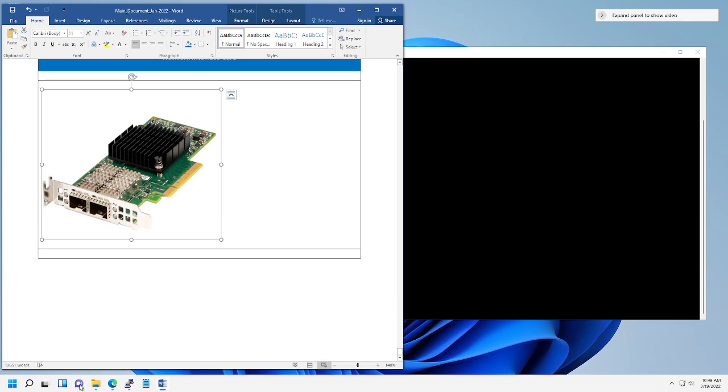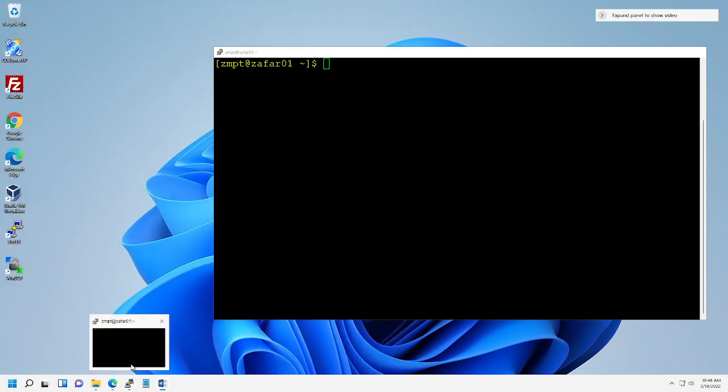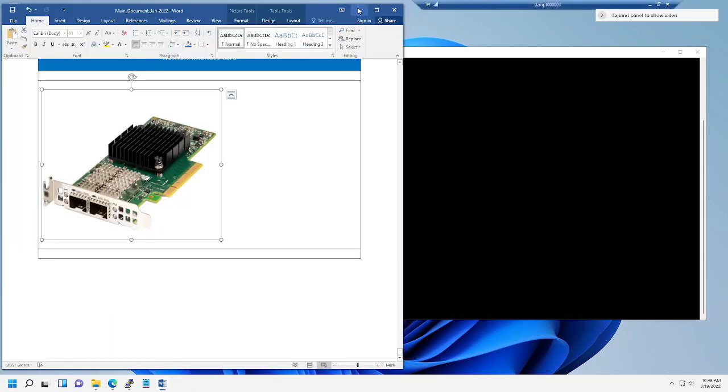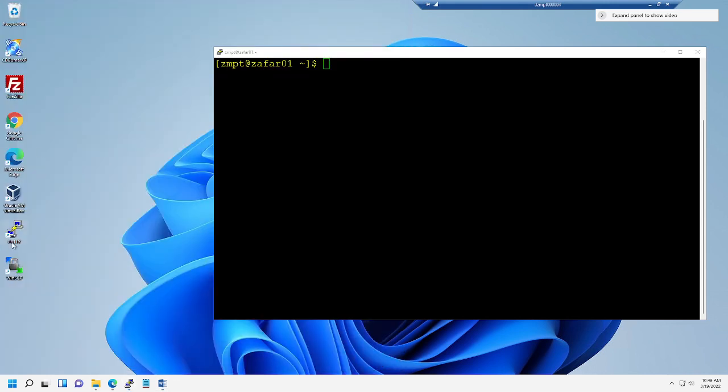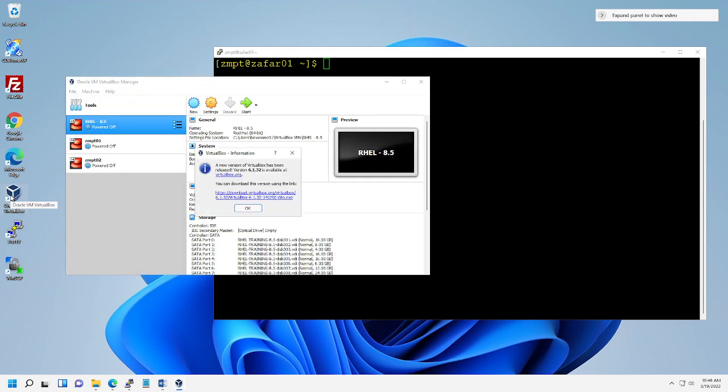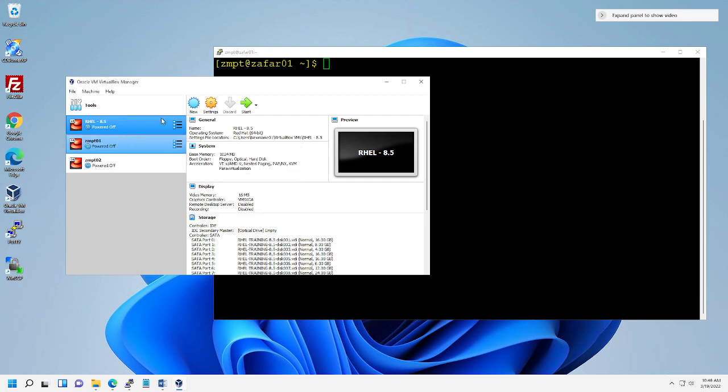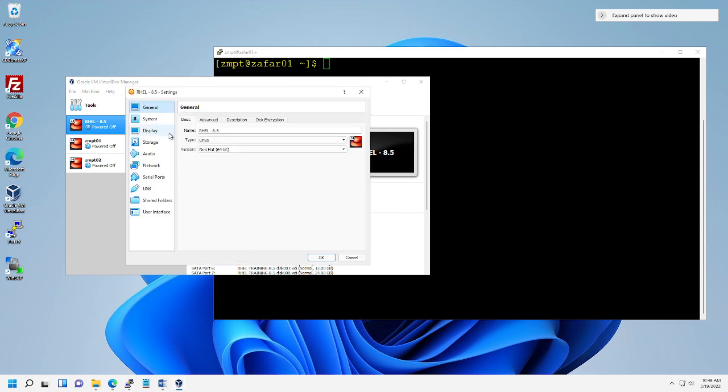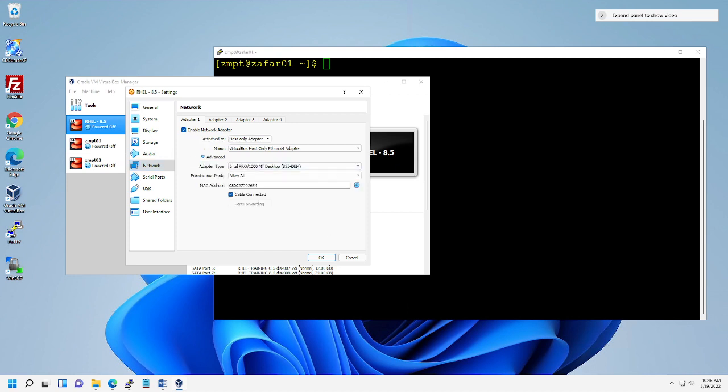So on this system here, let me take a look at how it looks. Let me launch this here. And if you go into settings, and if you go into network, so in network, what I have here is adapter 1.